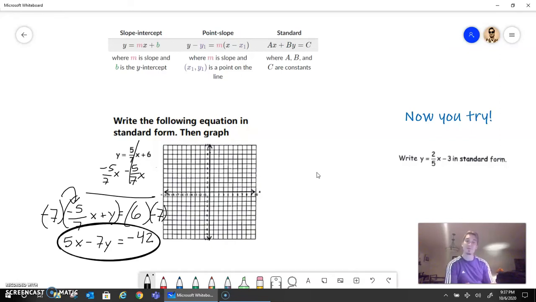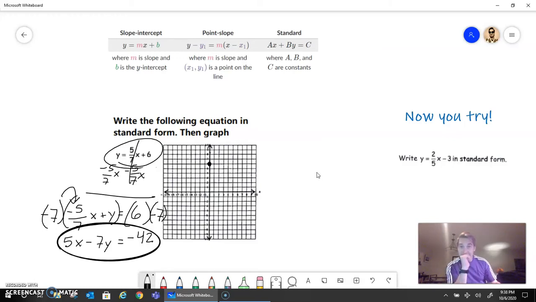Now, the thing is, standard form is not exactly the easiest way to get an equation of a line and graph it. You could use the intercept method, but I'm actually going to go back now that I've converted to standard form and just use my slope-intercept form that I had. So I'm going to go to positive 6, 1, 2, 3, 4, 5, 6 on the y-axis. That's my y-intercept.